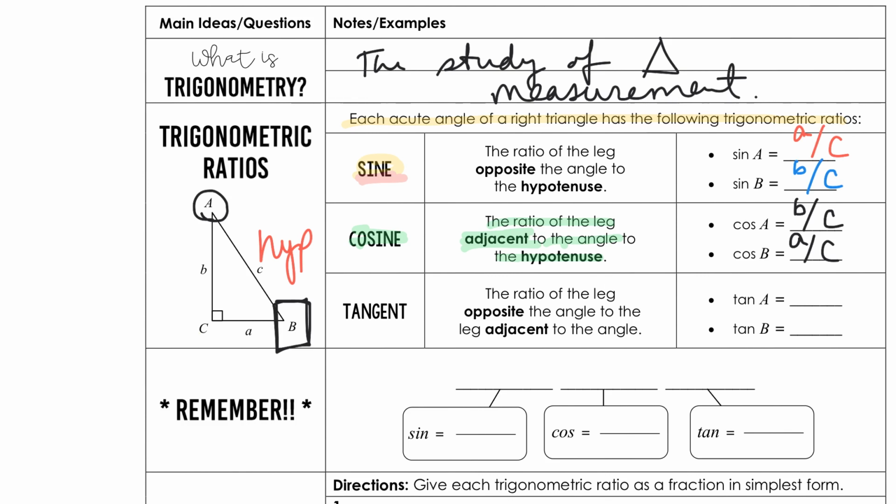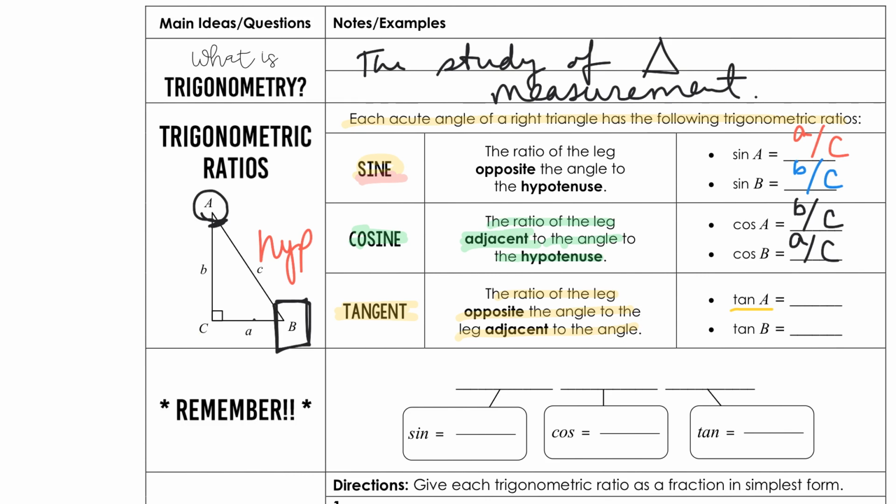Tangent ratio. We're looking at the ratio of the leg opposite the angle to the leg adjacent to the angle. So for tangent of A, we go opposite over adjacent.